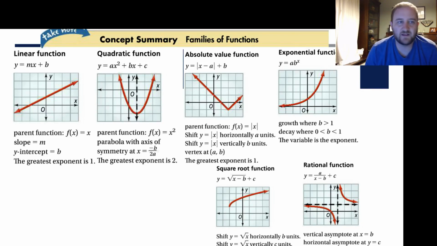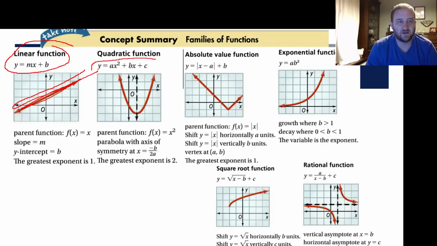Basically, this slide just gives a summary of all the different types of functions that we've learned about this year. We've talked about linear functions. Y equals mx plus b gives us straight lines. We've talked about quadratic functions. That's when you have an x squared in there. It's going to give us a parabola, right? We've talked about absolute value functions where it's going to be shaped like a V, right?